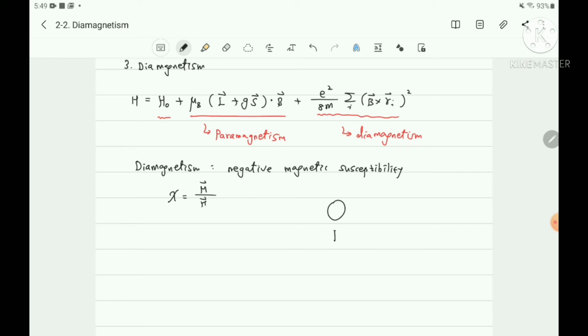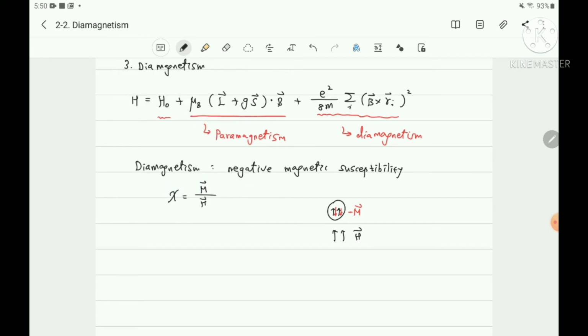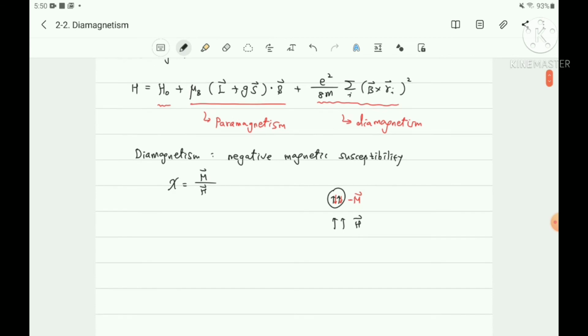This is the H field direction, and usually the magnetization should point parallel to the field direction in many cases, but in some cases it does not prefer the parallel direction and may point in the negative direction. In this case, the magnetization has a negative value, and therefore negative magnetization means negative magnetic susceptibility.